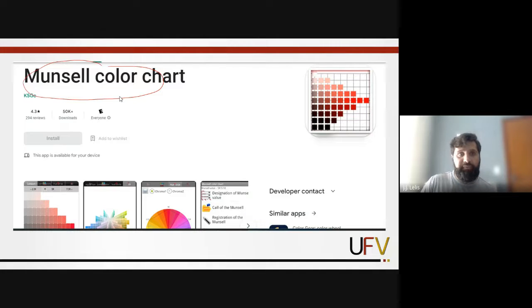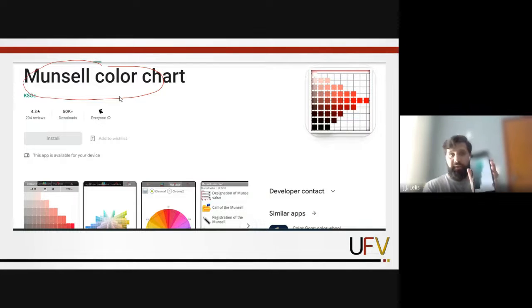We have several professional equipments that should be used to describe soil color in the field, but we can use some of these apps to measure color, like, okay, which is the soil color of my garden, so I can understand and measure it like this.